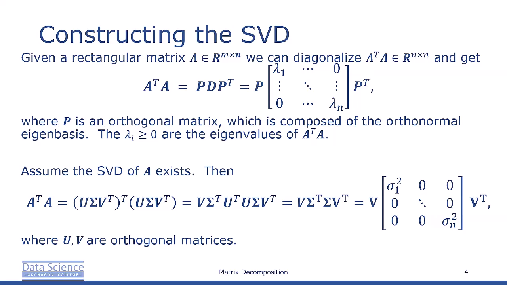P is an orthogonal matrix here, and it's composed of the orthonormal eigenbasis. We also note that all the lambdas are greater than or equal to 0.